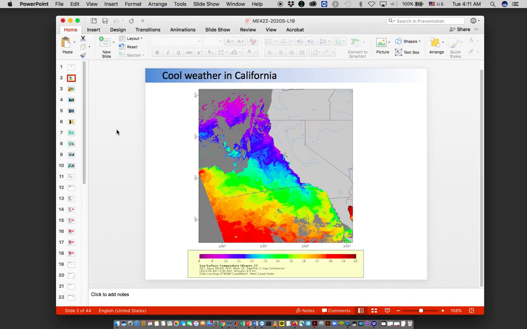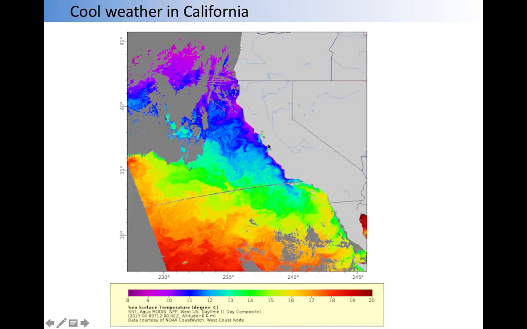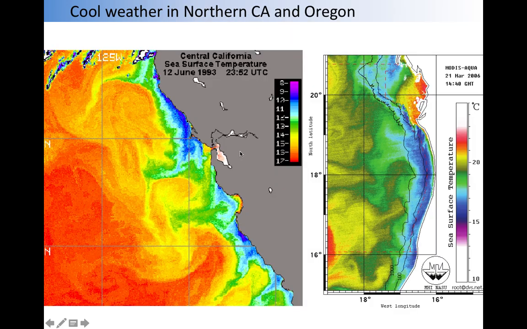As you can see here, cool weather in California, cold water near the coast. There are the filaments and eddies.